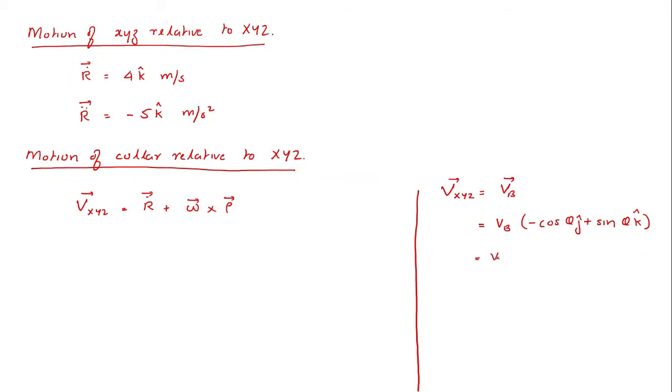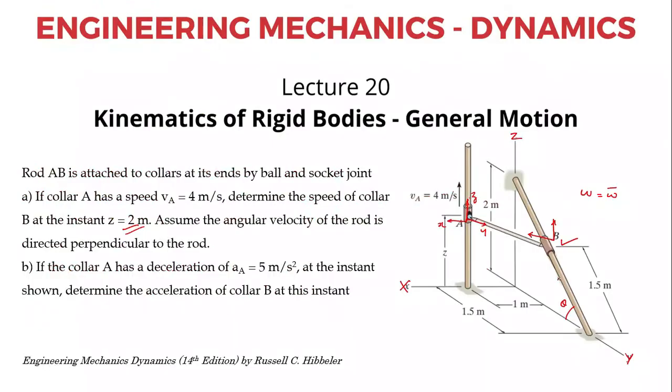Now, VB into cos theta, I can obtain from the corresponding right triangle here. 1.5 is along the y-axis and 2 is along the z-axis. So 2 meter, and you have this length here, 1.5 meter. The corresponding length of this rod will be equal to the square root of 2 square plus 1.5 square, which will be equal to 2.5.